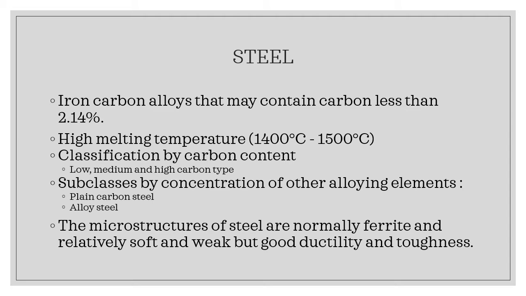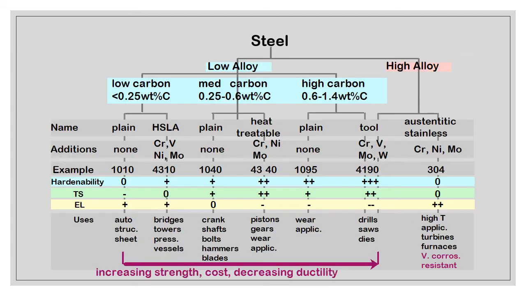While there are subclasses of the concentration, by adding alloying elements, you can classify the steel into plain carbon steel and alloy steel. Usually, the microstructures are ferrite and pearlite.